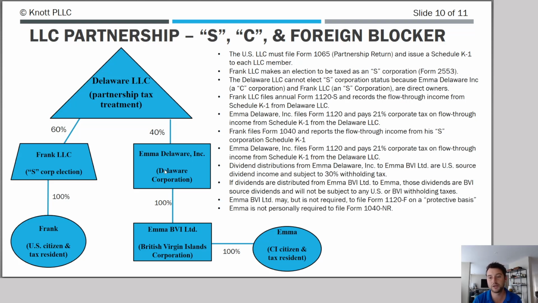Now you can get creative with it: Emma can draw salaries out of these companies, right? That's a good way to get deductions at the entity level. And then she doesn't have to pay any U.S. income tax on her wages. That's fine. But from an overall structural perspective, this generally helps minimize the overall tax footprint on a year-to-year basis.